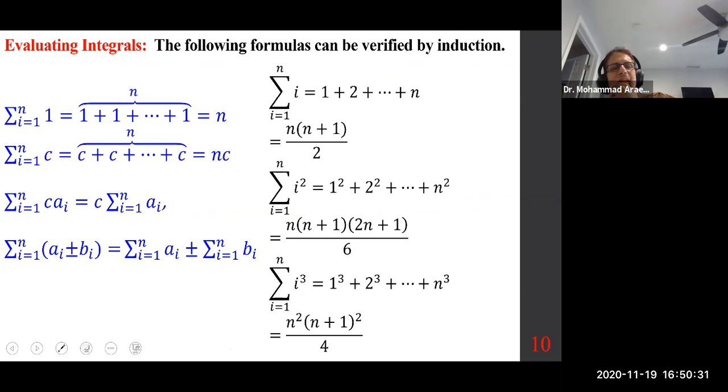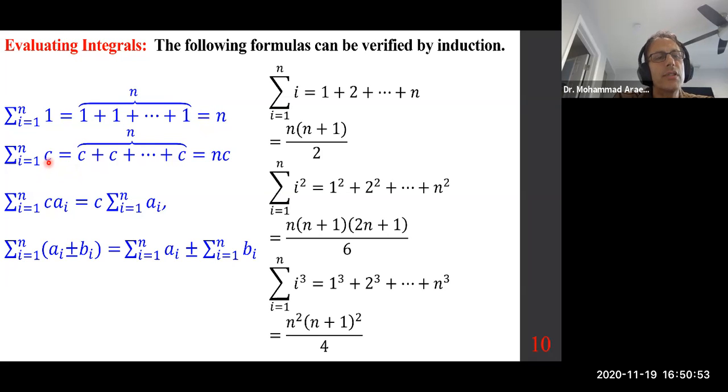All right. If we want to evaluate this limit, we need to know some information. Some of them come from before, and some of them you have the proof in the appendix. You can look at it. The summation of 1 is n. I hope you remember that from algebra.